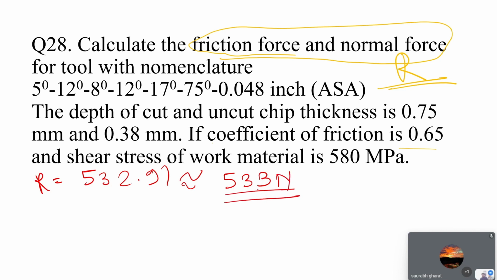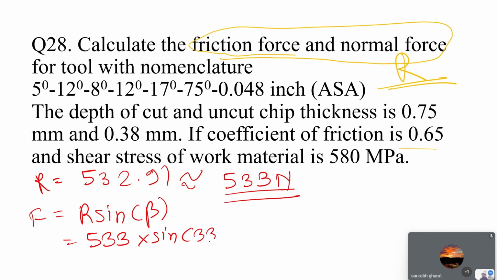So to find the friction force, F equals R sine of beta, where beta is tan inverse of mu. 33 is correct, it is your beta. So it will be 533 into sine of 33, so it will be about 290.29 Newton.